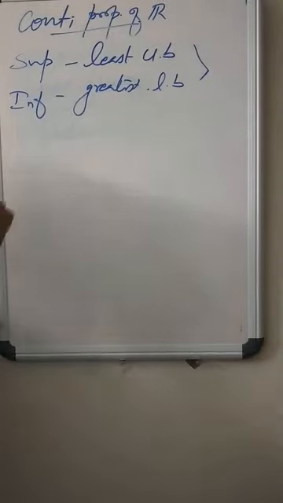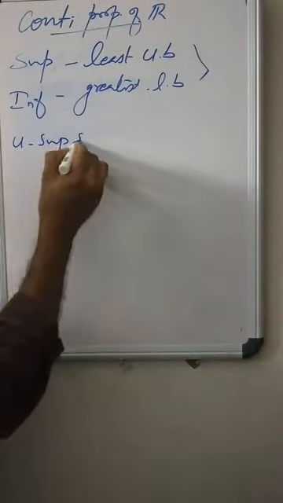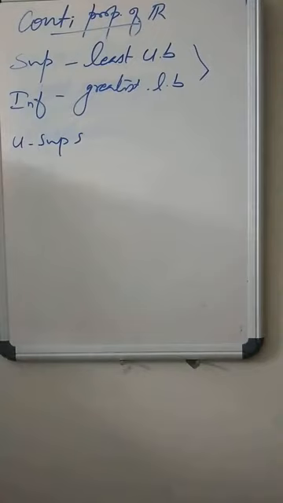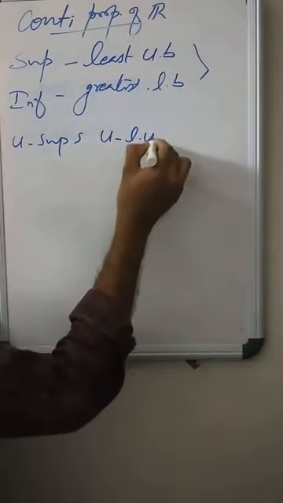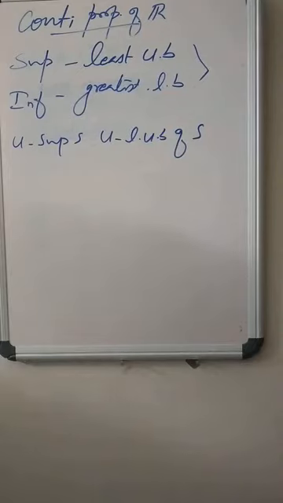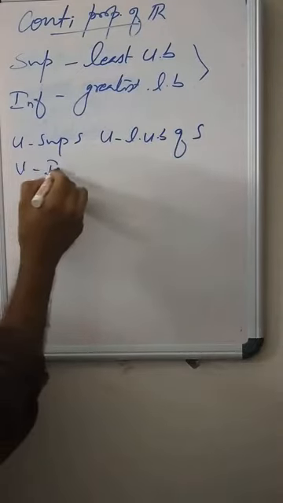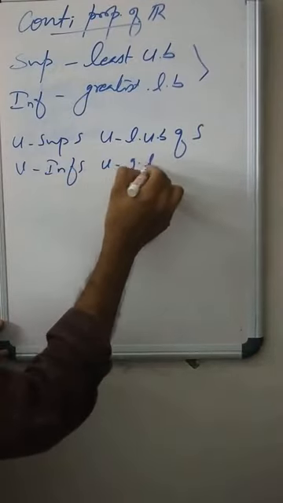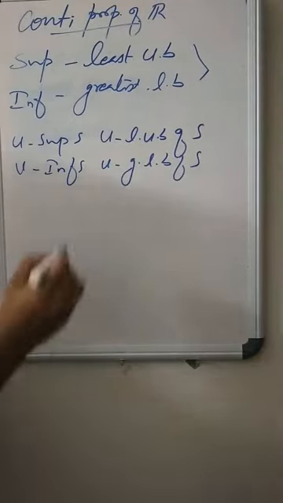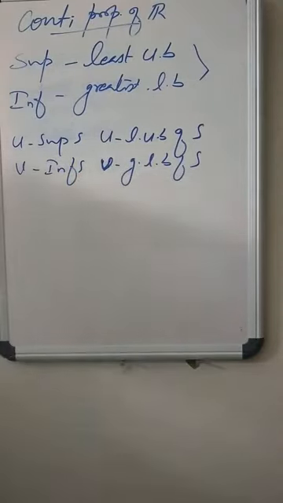If u is the supremum of S, then no number less than u is an upper bound of S. U being a supremum of S means u is the least upper bound of S. That means no number less than u is an upper bound of S. Then v being an infimum of S means v is the greatest lower bound of S. That means no number greater than v is a lower bound.